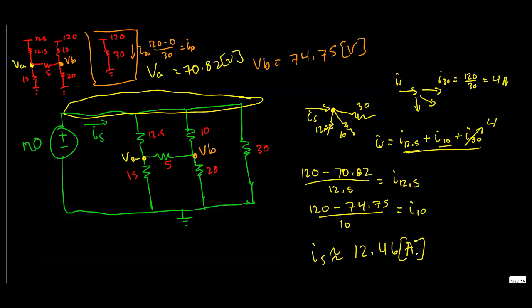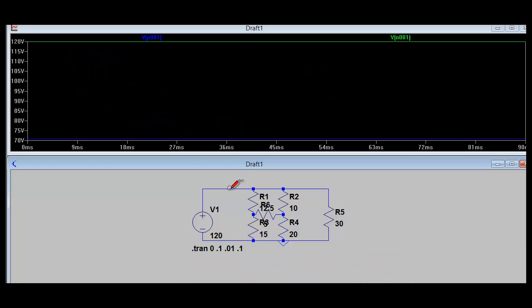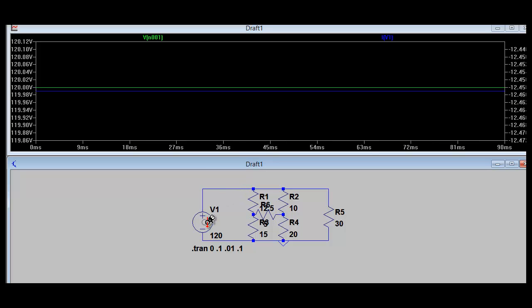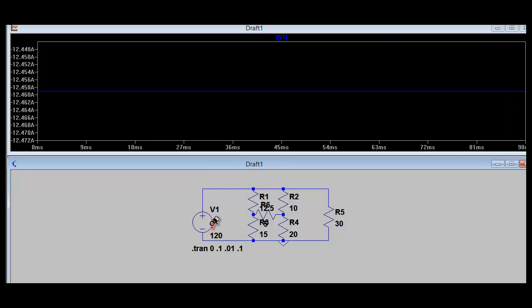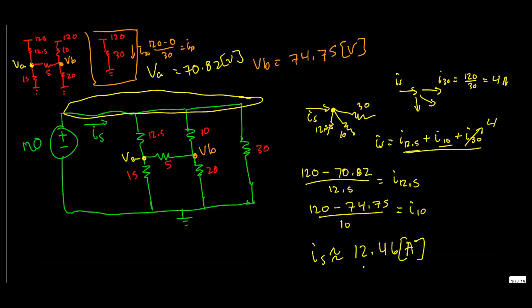Yeah, we got 12.46, so that should be correct. Let's see if it actually gives us the current here. Yeah, it's negative in this case because we're supplying the current, but it's about 12.46, and that's what we got. So that's the correct answer.